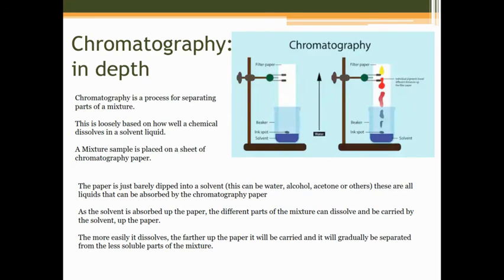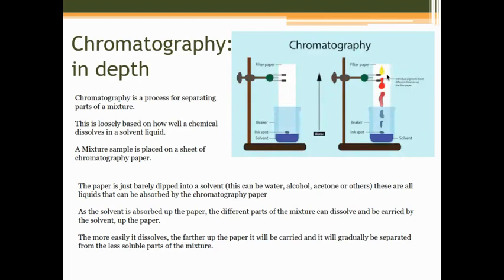It's the attraction of the water molecules or solvent. So as that liquid gets sucked up into the paper, it's going to pass right by your ink spot or your mixture. The solvent is going to dissolve parts of that mixture differently than other parts. So some will dissolve really well and it'll be carried right with what's called the solvent front.